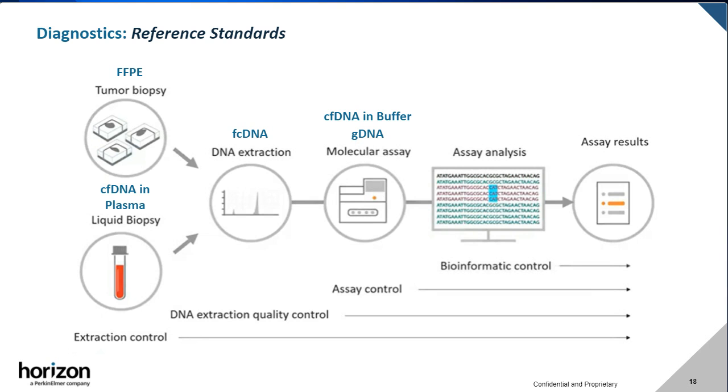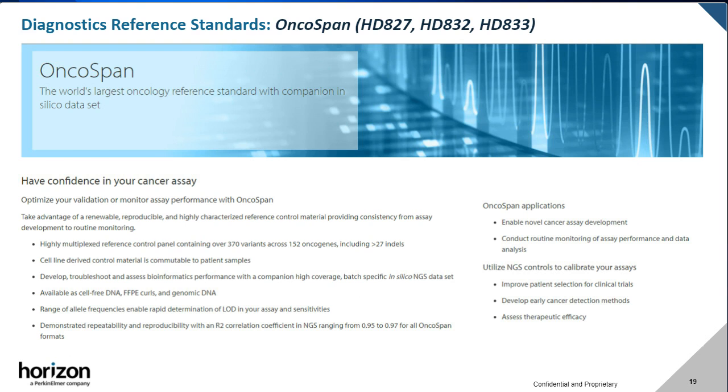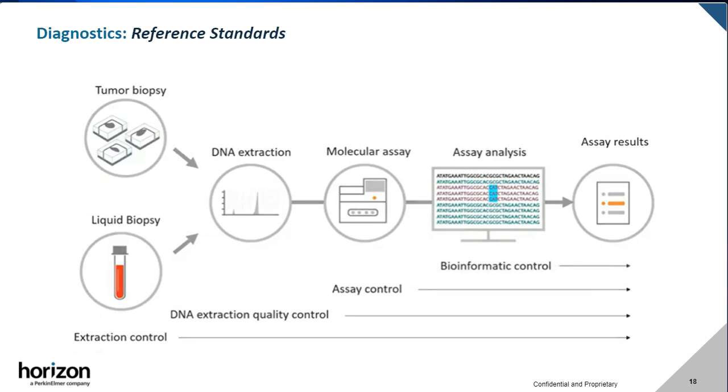In addition to these controls, we also have batch-specific NGS data available. For example, with our OncoSpan portfolio of reference controls, which can be used to develop and test your bioinformatic pipelines. And using OncoSpan cfDNA, you can test your bioinformatic pipeline for liquid biopsy samples.